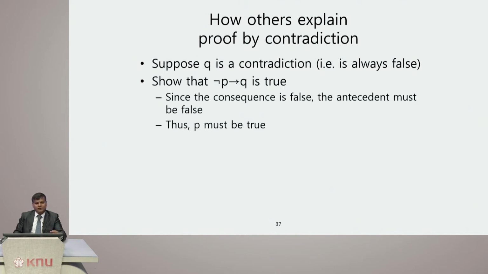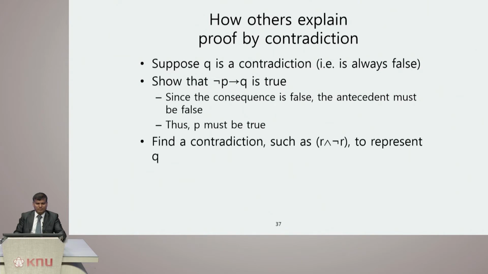Show that negation of P implies Q is true. Since the consequence, or the conclusion, is false, the antecedent, or the hypothesis, must be false. Thus, P must be true. That is the basic thought.